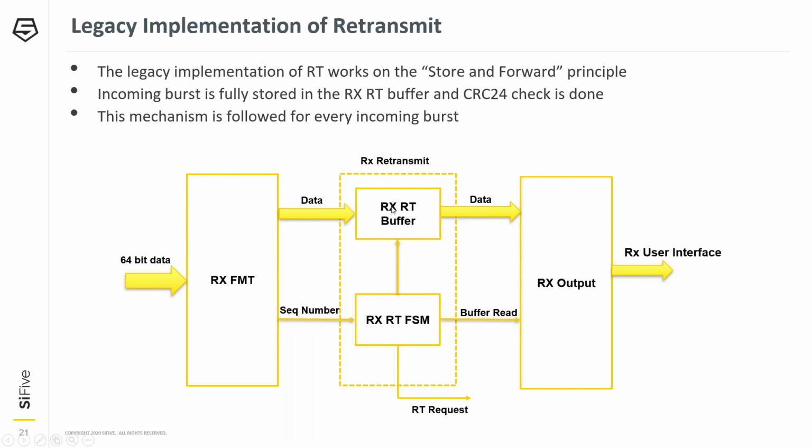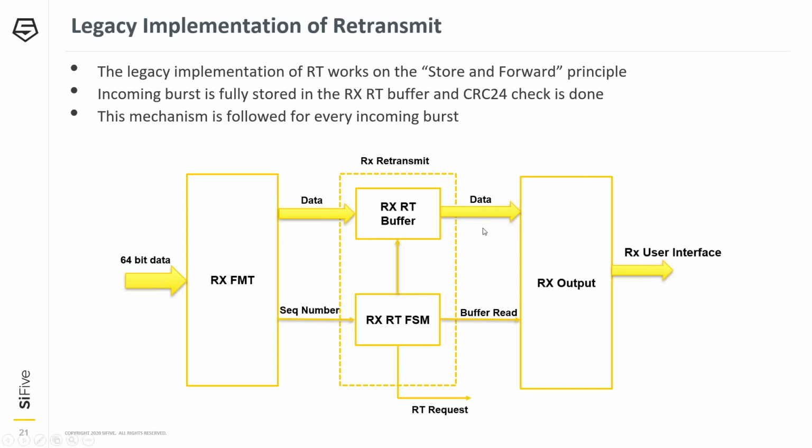When this burst is received, at the end, we do a CRC24 calculation and check. If it passes that check, then the data is presented on the RX user interface. As you can imagine, because the data is stored in this buffer, there is an inherent latency in the way this design is implemented.